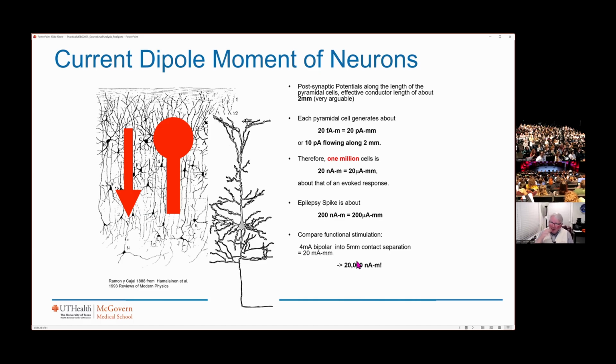That means we're doing exogenous stimulations of 20,000 nanoamp meters. So again, it sets the scale for what deep brain stimulation and other kinds of stimulation are doing relative to what endogenously the brain is generating when it creates an evoked response or has an epileptic spike. There's an order of 100 to 1,000 between these.